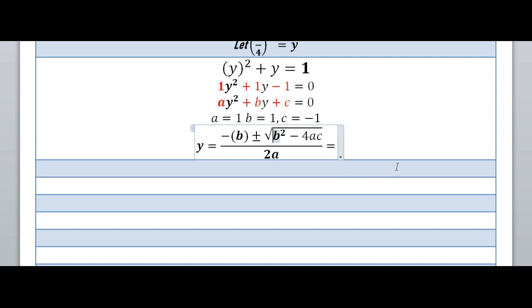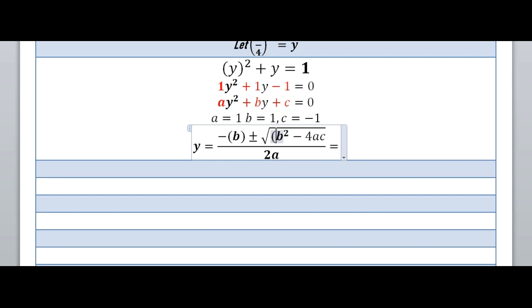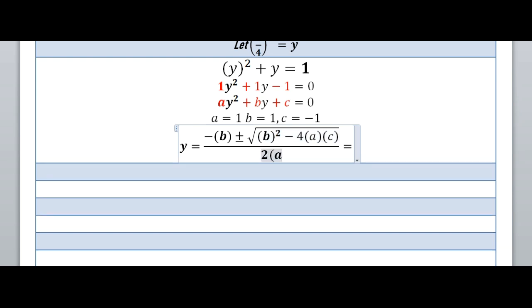Anytime you want to substitute any value, you bracket the value you want to substitute. We want to substitute the value of b, the value of a, the value of c, and the value of a in the denominator.